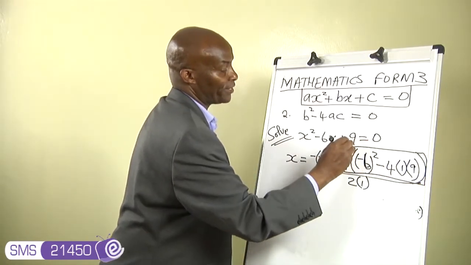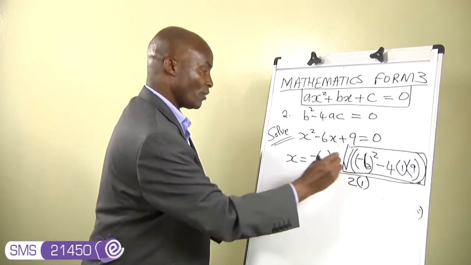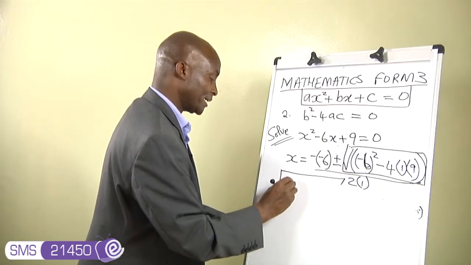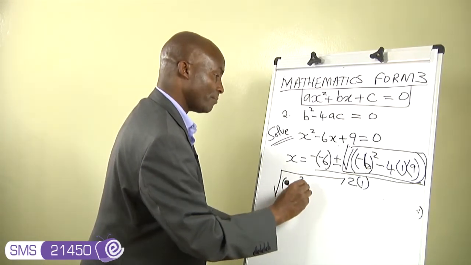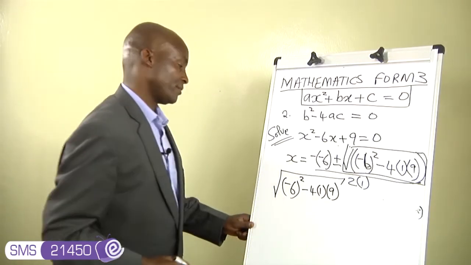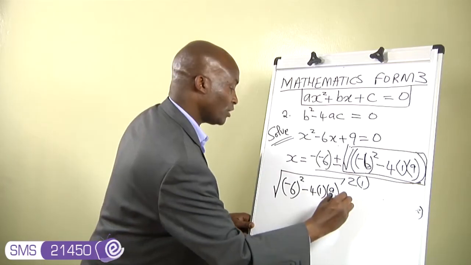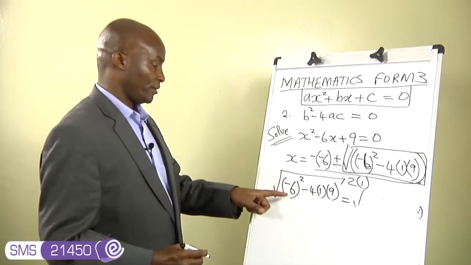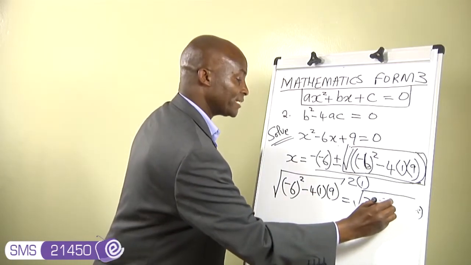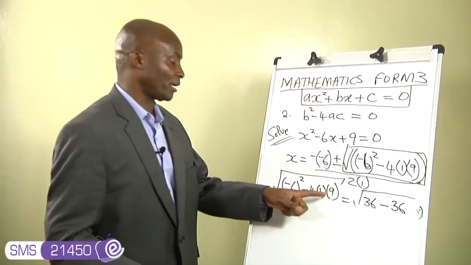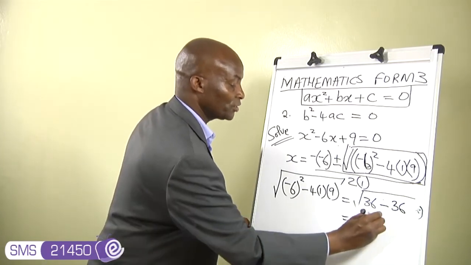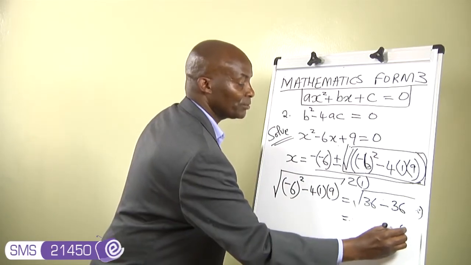If we extract that, we have the square root of negative 6 squared minus 4 times 1 times 9, which is the square root of 36 minus 36, since 4 times 1 times 9 is 36. And this is equal to the square root of 0, which is equal to 0.